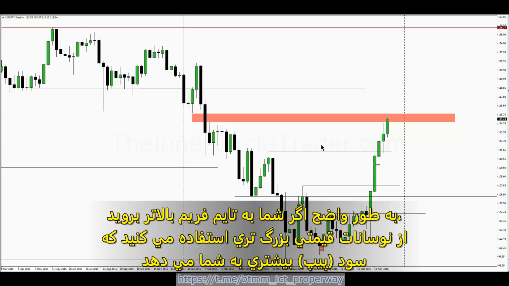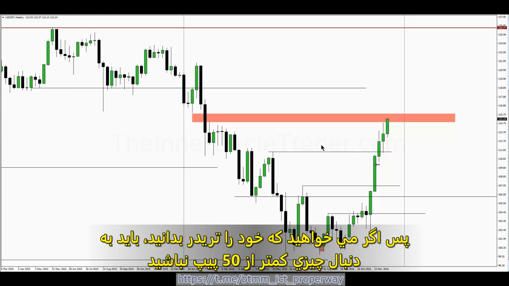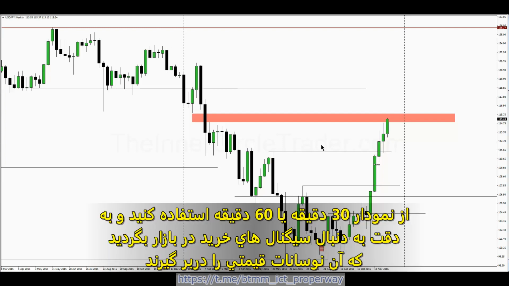Now, obviously, if you go out to a larger time frame and use bigger price swings, that gives you a lot more depth in terms of what you can pull out in pips. So say you're a trader who wants nothing less than 50 pips. Well, that's great. Use a 30-minute or 60-minute chart and look at your marketplace for buy signals that set up those price swings.